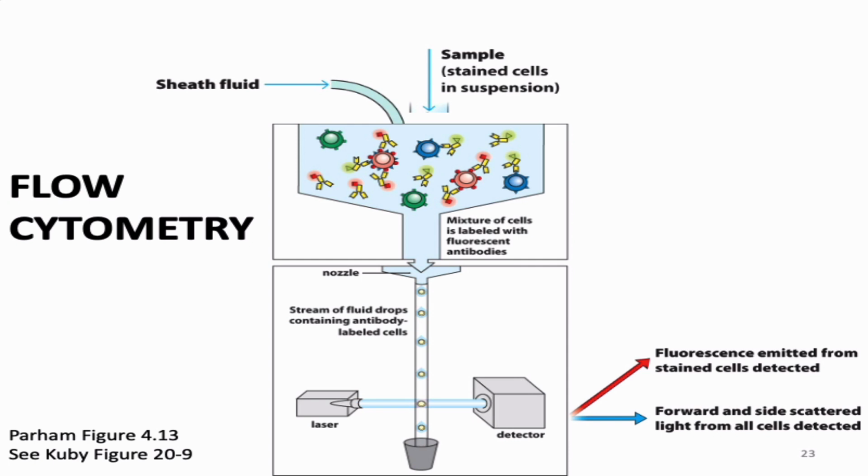So the cell can bend the laser's light like that. And if the cell was teeny tiny, there would be a lot less bending. And if the cell was huge, there'd be a lot more. So we have this happening. The detector can detect this, and that will tell it how big my cell is, if I have a big or small cell. This is known as the forward scatter.